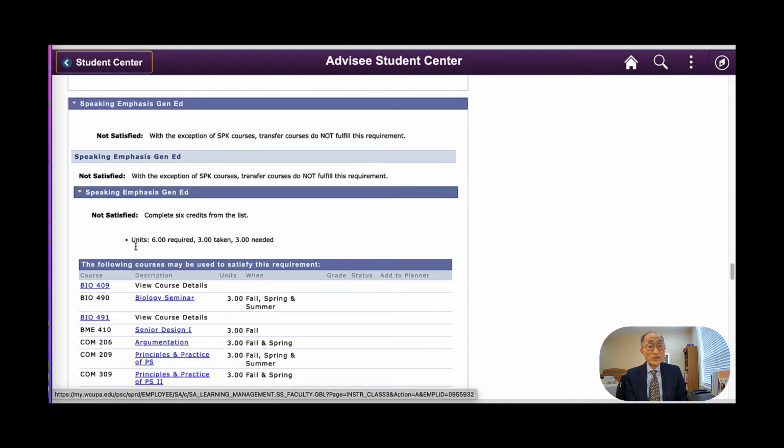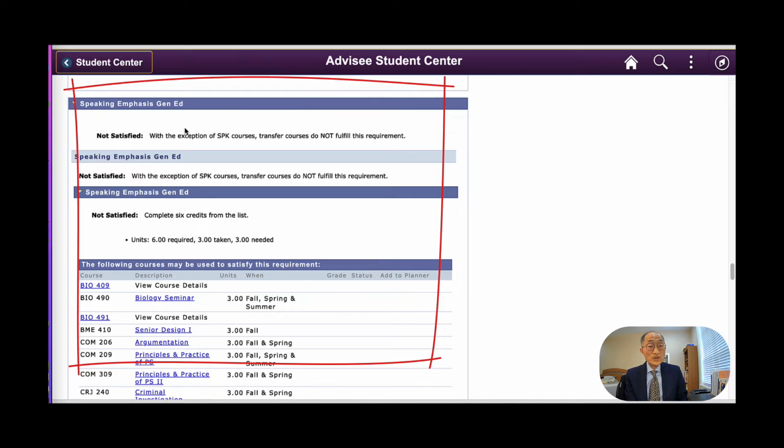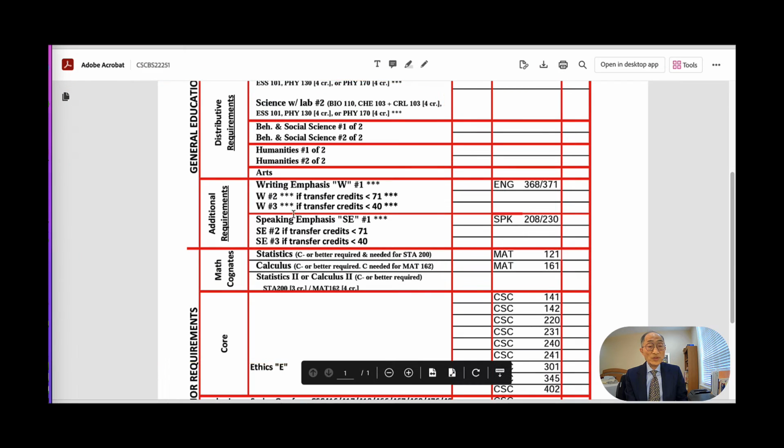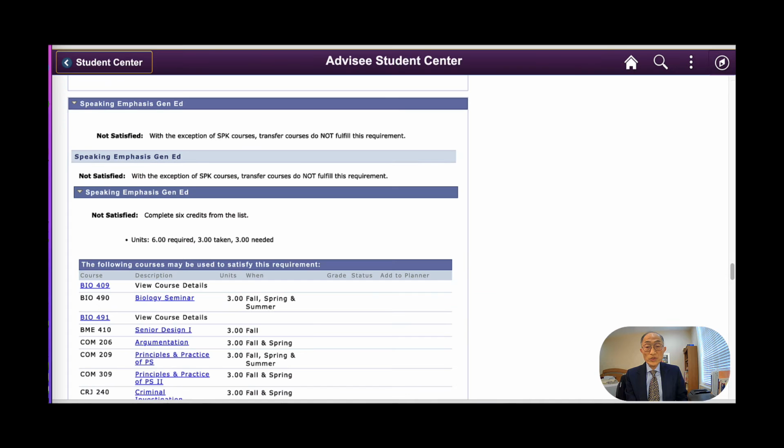And the next category is speaking emphasis. It's similar, but it's also listed in a different way. And here, in our advising sheet, we use speaking emphasis as a category here. No matter how many credits you transfer in, you will need one of these two, SPK 208 or 230.